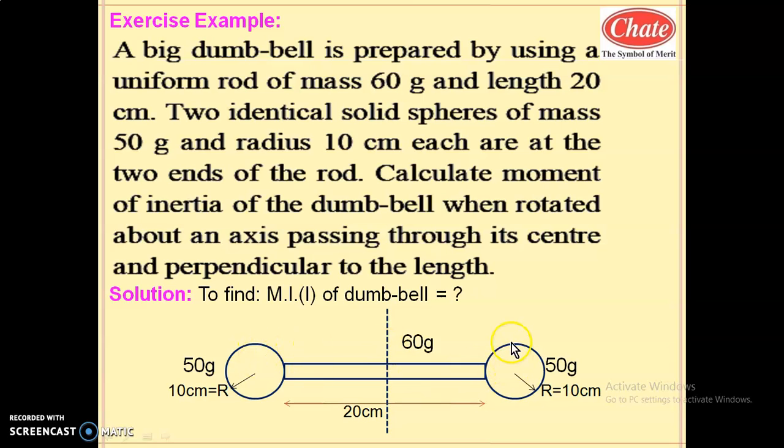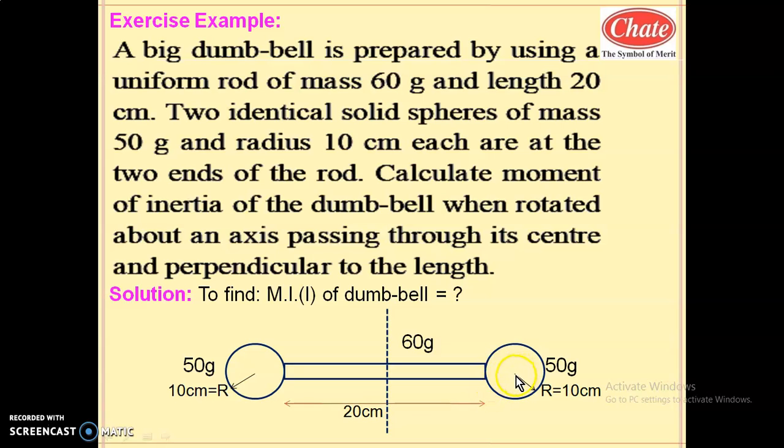So we shift the moment of inertia of this sphere from its diameter axis to this unknown axis by using the parallel axis theorem, I_C plus mh square. So what will be the distance from the center of this sphere to this unknown axis? The total length of the rod is 20 centimeter, so the half length will be 10 centimeter, and here the radius is 10 centimeter.